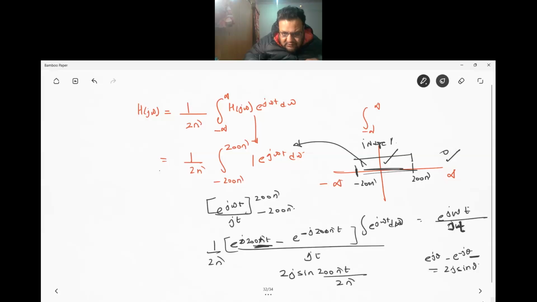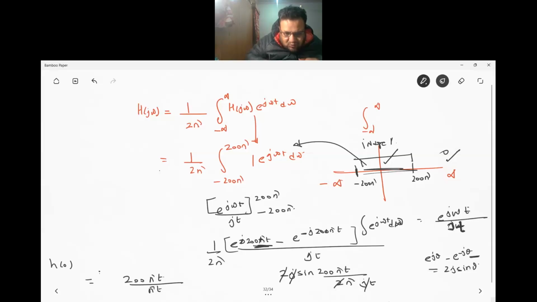And jt is also there, so this j goes, and 2 also goes. So you're left with sin(200πt) divided by πt. Now I've taken the h(t) value and I'm solving for the h(0) value.